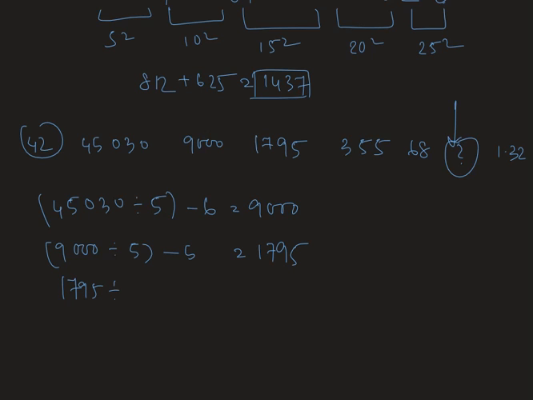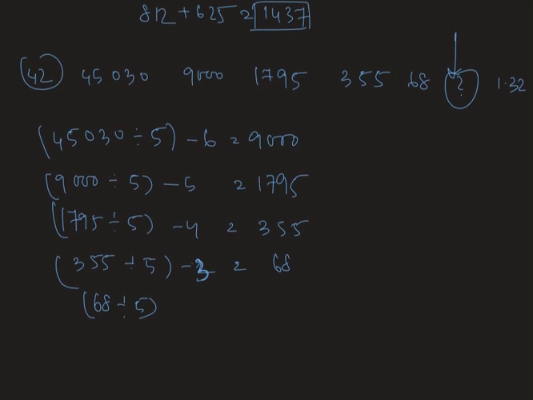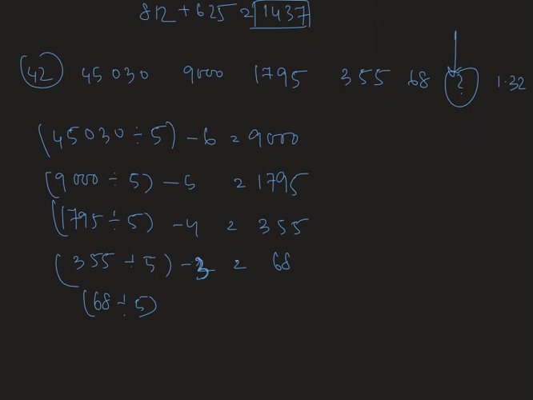Then if we divide by 5 and subtract 4 from the answer, we get 355. If we divide 355 by 5 and then subtract 3, we get 68. After that, if we divide 68 by 5 and then subtract 2, we get 11.6.